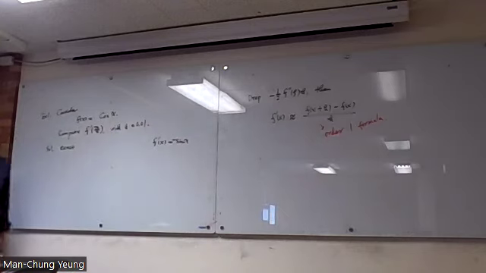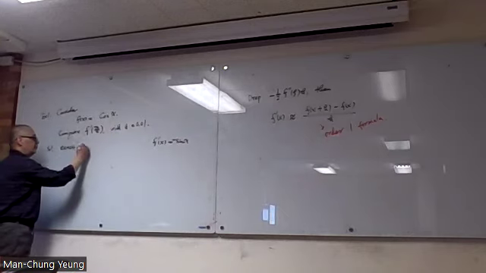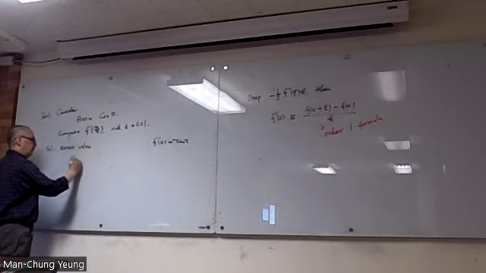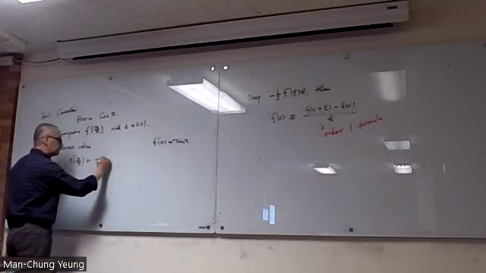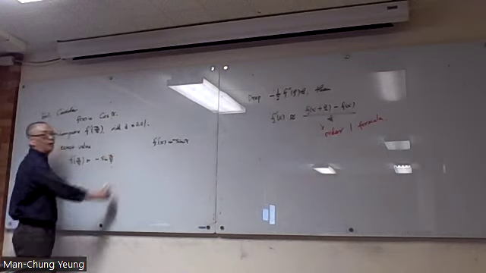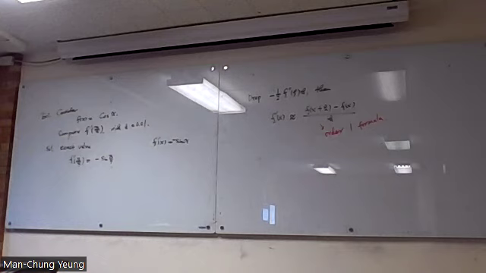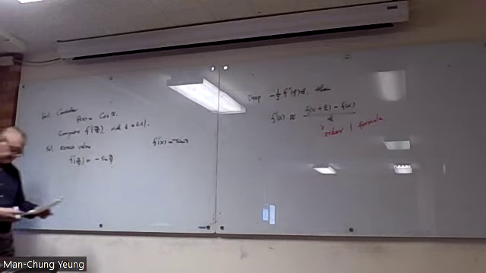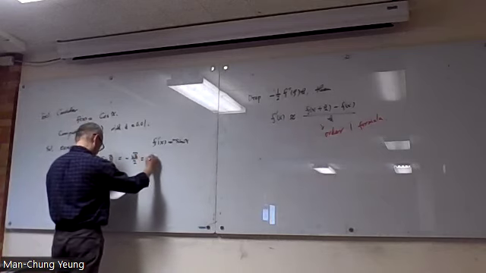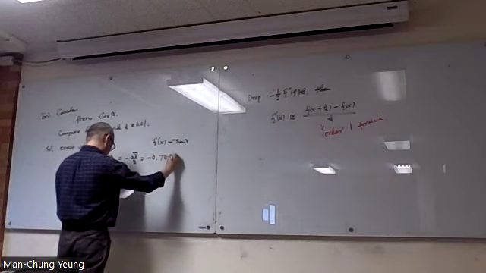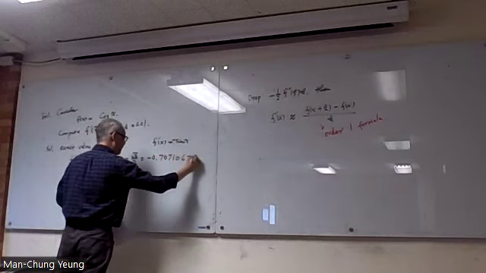So the exact value is negative sine of pi over 4, which is negative square root of 2 over 2, about negative 0.7071.